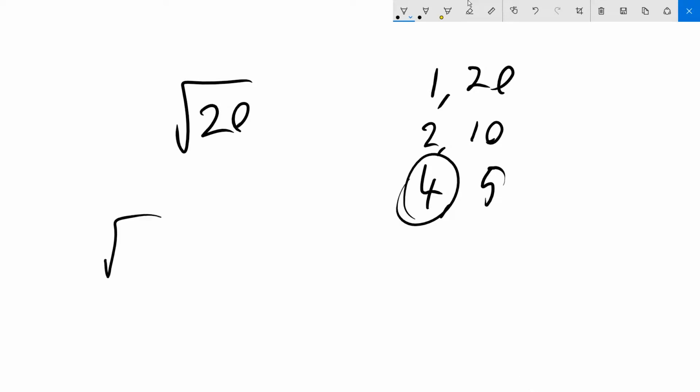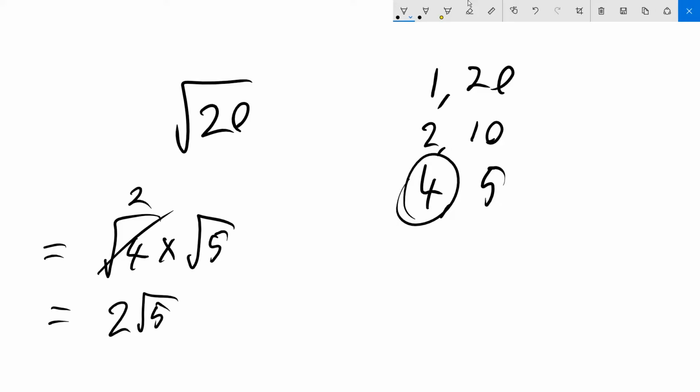So root 4 times root 5, simplify it down to 2, and we know that it's equal to 2 root 5. You can check this on the calculator. This is all perfectly valid, if you do this correctly, that is.